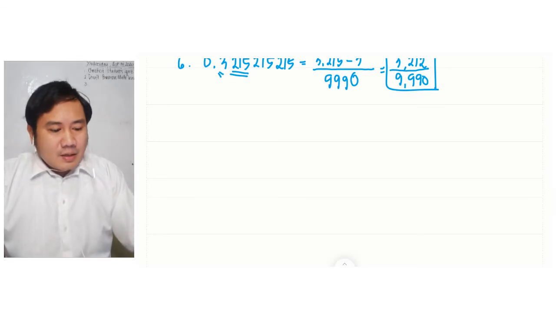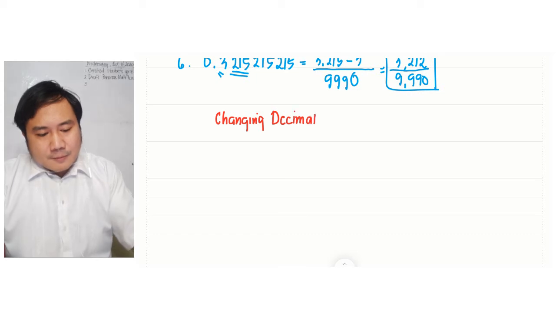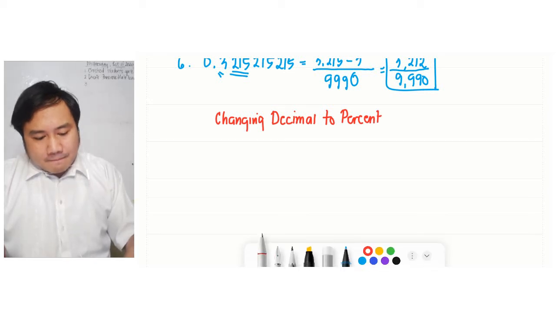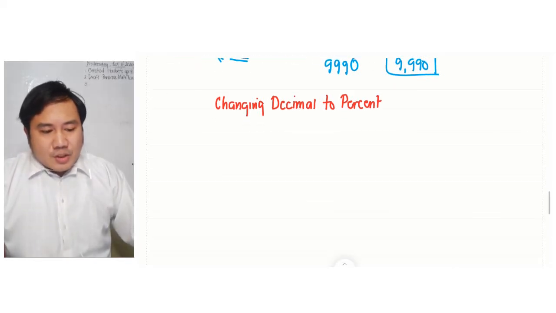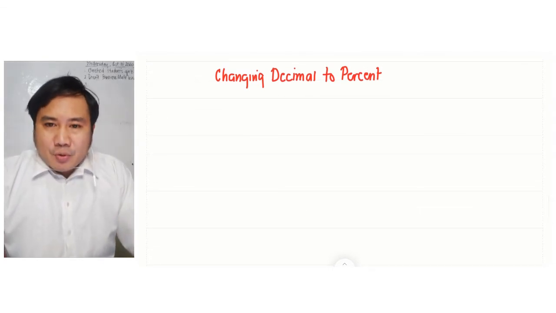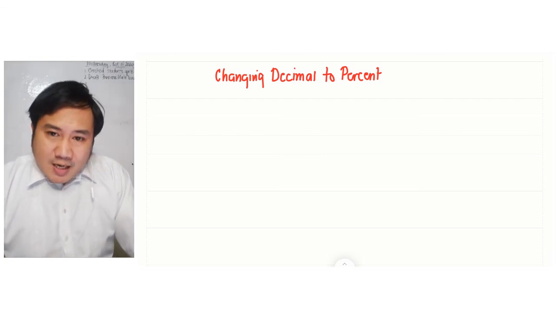Next, let us change decimal to percent. Okay, in changing decimal to percent, look for the decimal point. And then, magmo-move lang tayo ng 2 decimal places to the right.